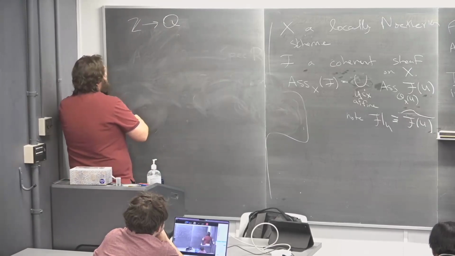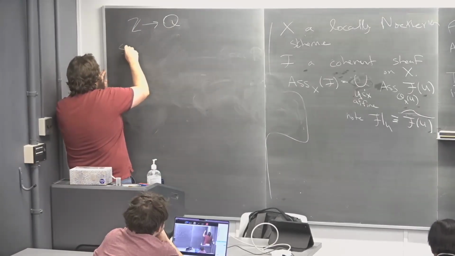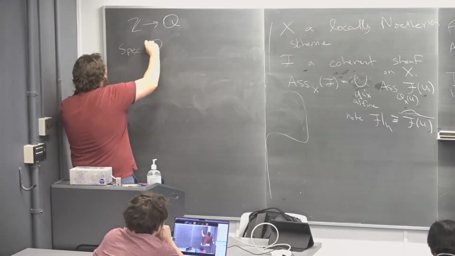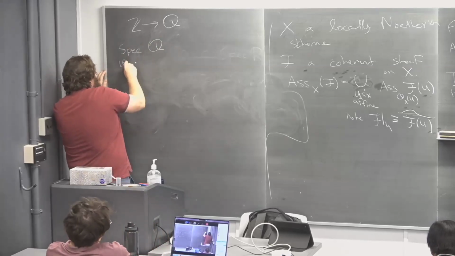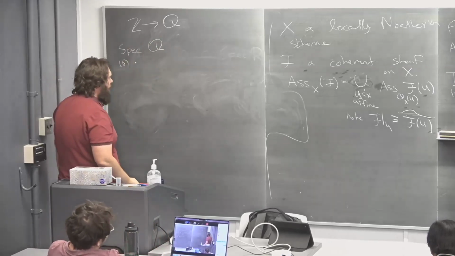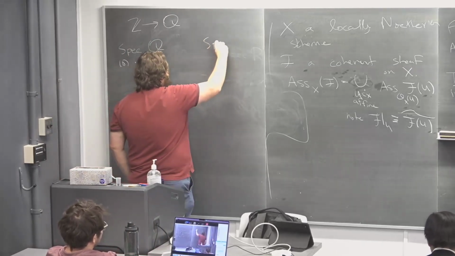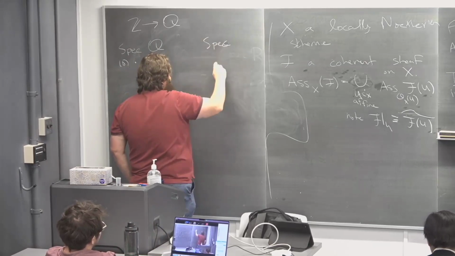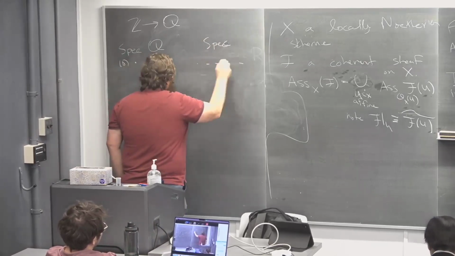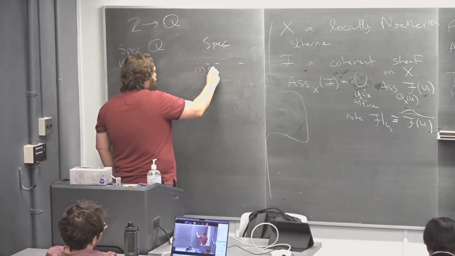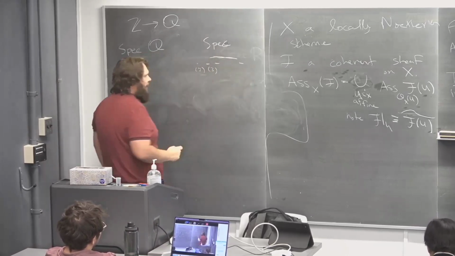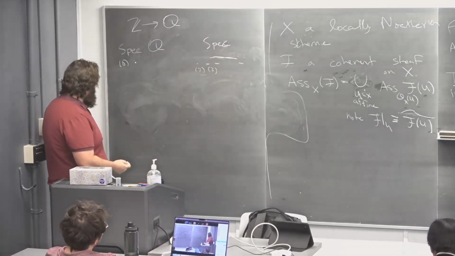So what does this do on Specs? I want to map the other way, a map from Spec of Q, which is one point corresponding to the ideal 0, to Spec of Z. And what happens? Well, here I have all my individual primes, and then I have my generic point sitting over them.